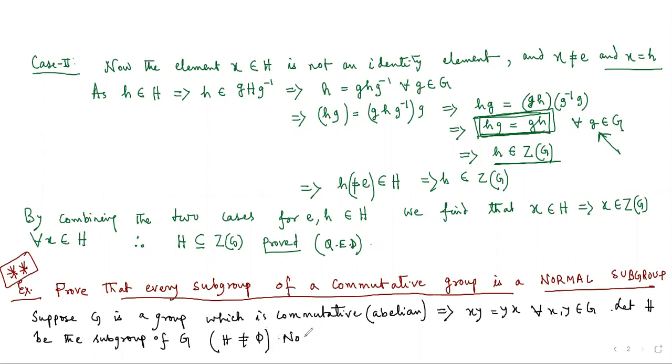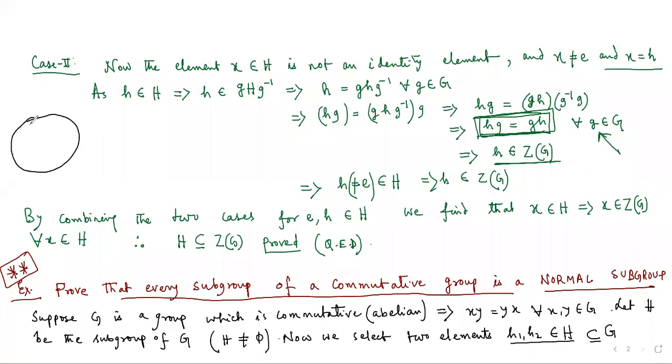Now we select 2 elements h1, h2 belonging to H. When we choose these 2 elements from H, actually we are choosing these elements from G. Suppose this is my figure.